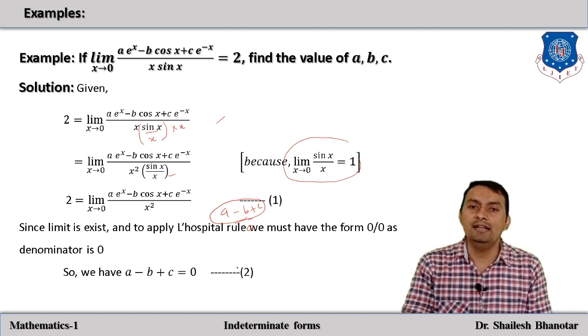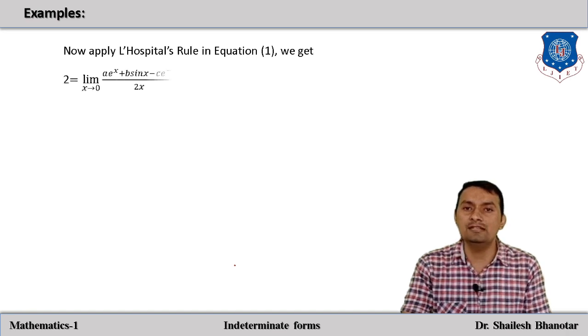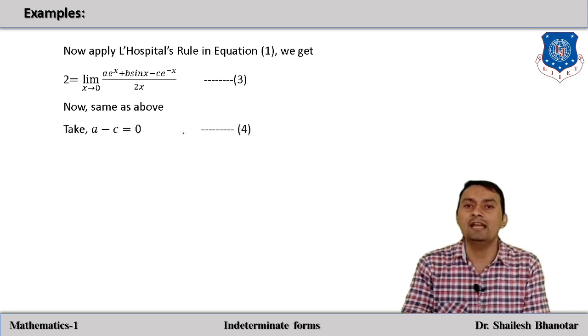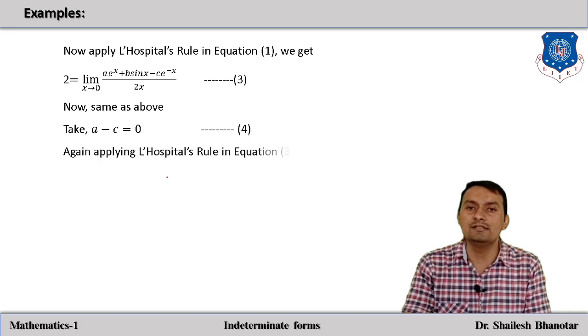After that we apply the derivative to the numerator as well as the denominator. So we get equation number 3, and again if we put x equal to 0, we get the denominator 0. But the limit exists, so again the numerator must be 0. So we get the fourth equation: a - c = 0.